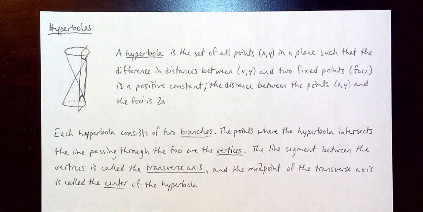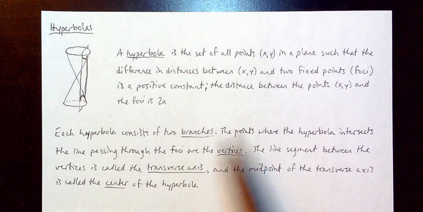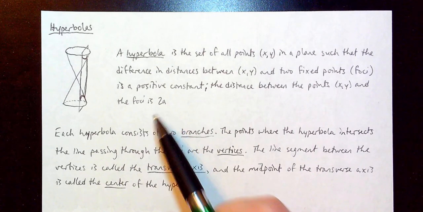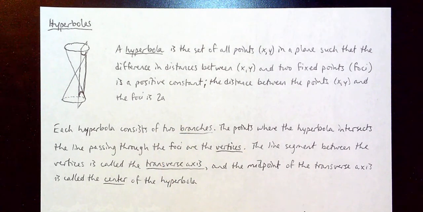If we take the difference of those two distances, if that difference is equal to some particular constant, then that point lies on the given hyperbola. And what is this distance? The distance has to equal 2a. In a little bit, we're going to see where that a comes in.